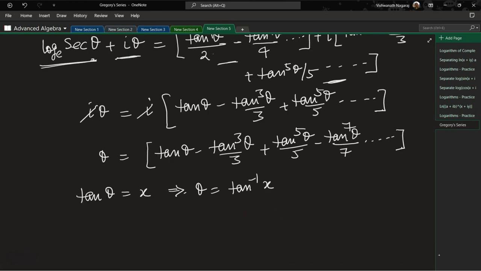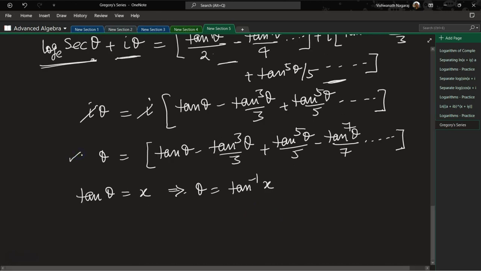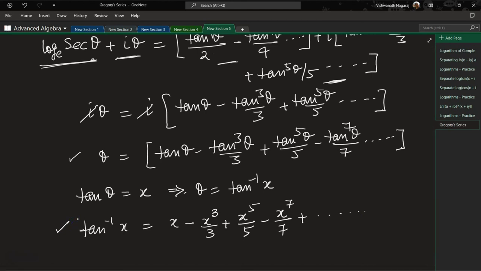So let's substitute this in this form of the Gregory series, and we end up with tan inverse of x is equal to x minus x cubed by 3 plus x to the power of 5 by 5 minus x to the power of 7 by 7 plus, and on and on. So this is another form of Gregory's series.